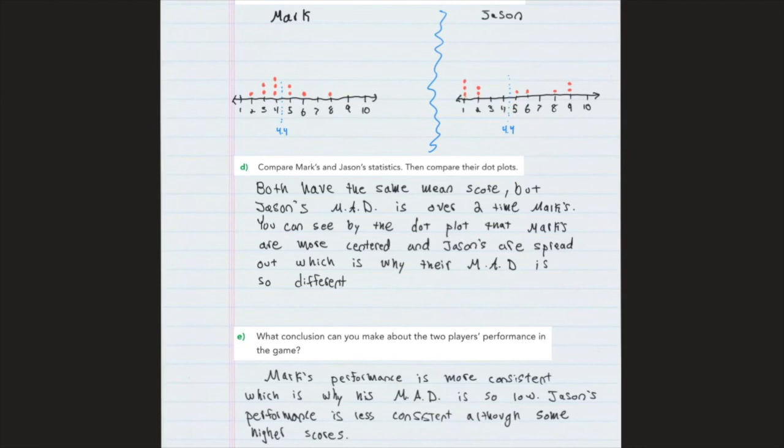So, let's say I'm looking at which player I want to put on my team. Do I want a more consistent person like Mark, who's always going to get around a 4.4, or do I want a person like Jason who might have some really great games and get an 8 and a 9, or might have some really low games and get a 1 or a 2?